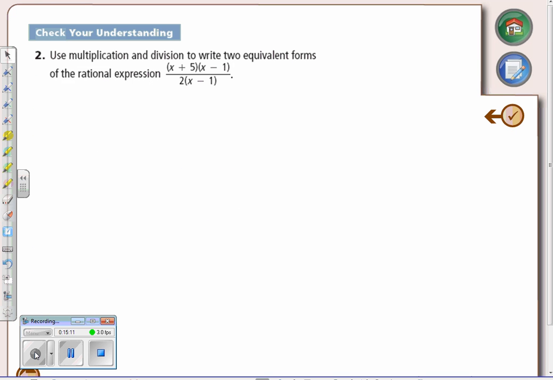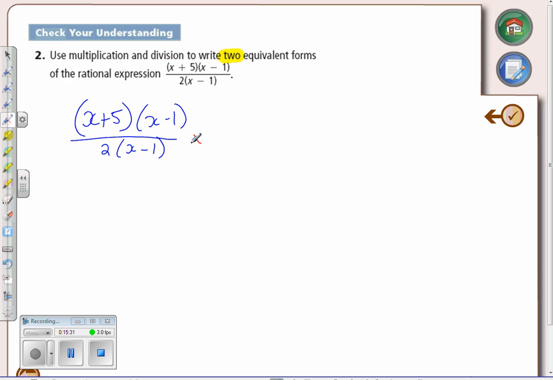Okay, so I'm going to get an equivalent form here. We want two different equivalent forms. That means I could multiply by something, I could divide by something. (x plus 5)(x minus 1) over 2(x minus 1). You could multiply by whatever you want and it'll still be equivalent as long as you do the same to numerator and denominator.